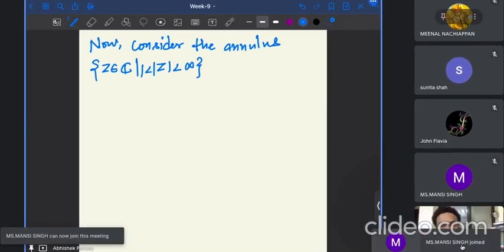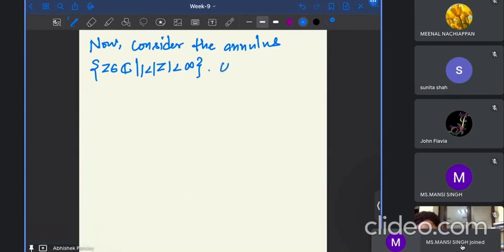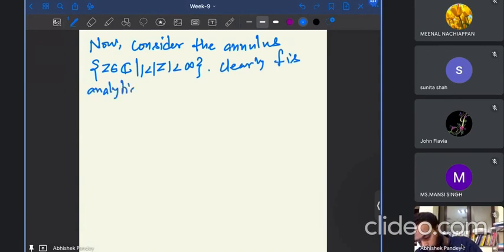Okay, so this we need to consider now. Clearly f is analytic in this annulus.